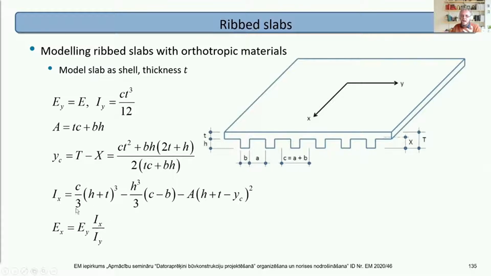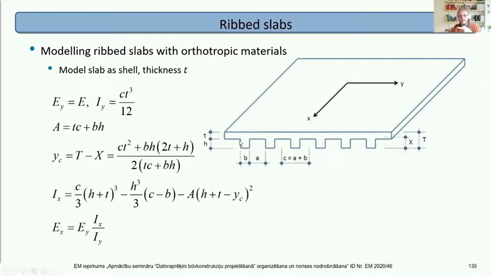And then from this I value, we know that the equivalent E value is the basic E value times the I value in the x direction divided by the I value in the y direction. So basically, this is a fiddle factor to multiply the Young's modulus by the increase in stiffness to give us the effective Young's modulus.